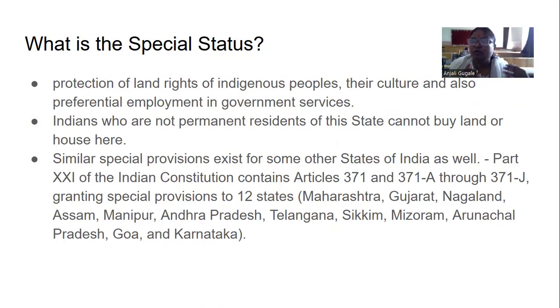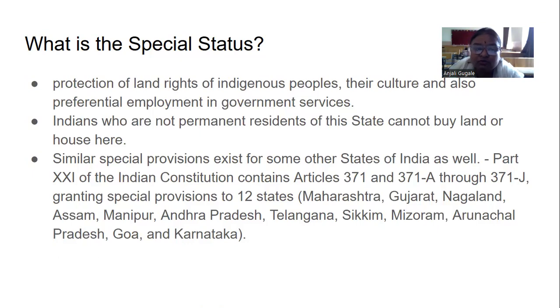So if anybody from outside goes and settles in Mizoram or the seven sister states, they will not be given preference. First, the preference will be given to the natives, the domicile people. The same applies to Maharashtra also. If you go for college admissions, for example, you will find that if students come from outside the state of Maharashtra and are not domiciles of Maharashtra, their preference will be considered later.